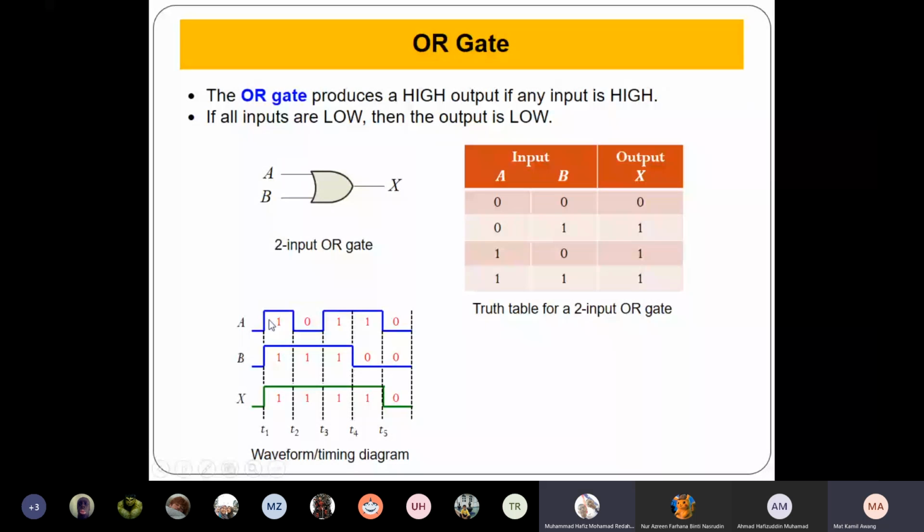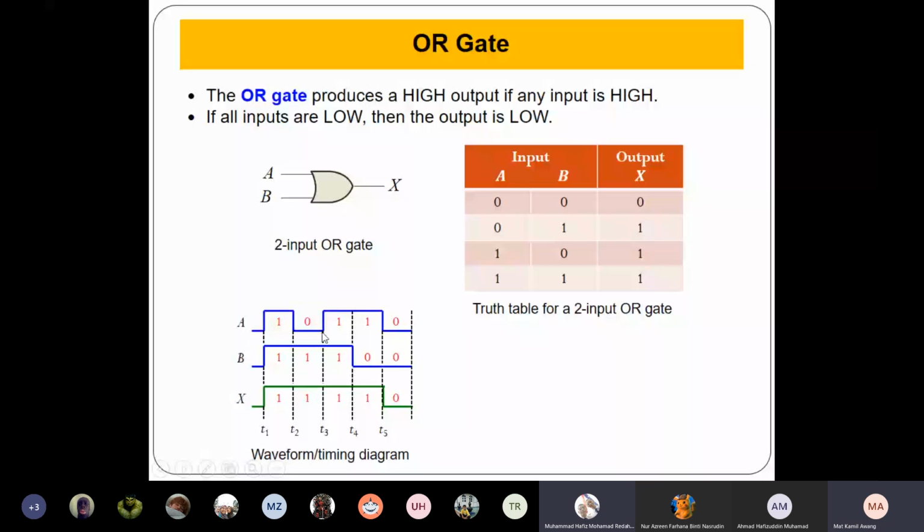So the timing diagram, let's say you have A as 10110 and B is 11100. Therefore the output is: 1 and 1 is 1, 0 and 1 is 1, 1 and 1 is 1, 1 and 0 is 1, 0 and 0 is 0. The timing diagram triggers when the changes start. When the input changes, then the output will change.